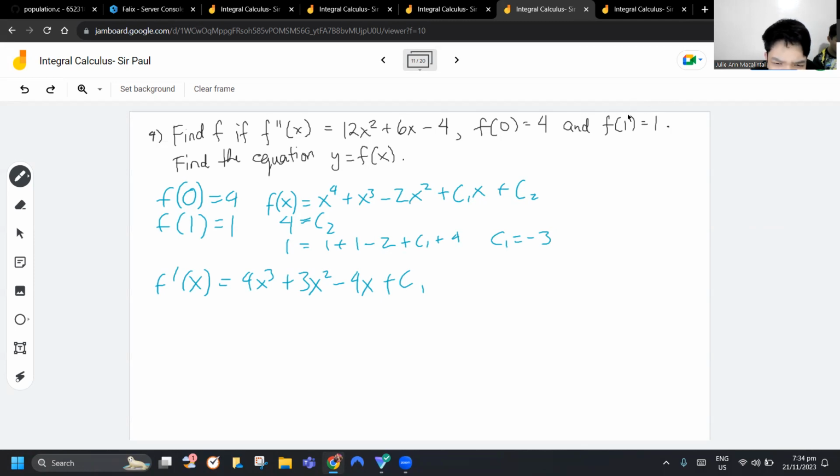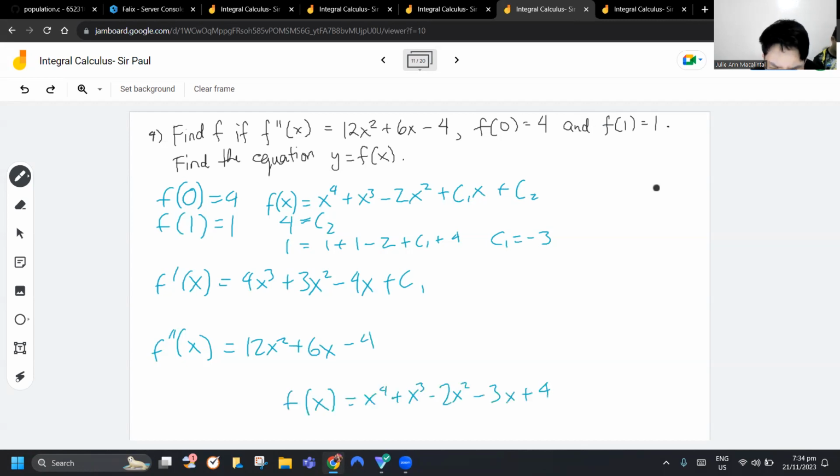Since we already know, actually we don't know yet. So we can differentiate this again. So we can express it into our already known expression. So because of this, we can find C1, which just turns out to be 0.